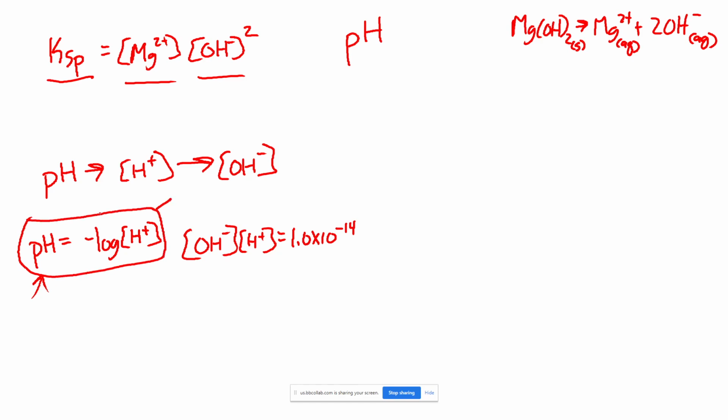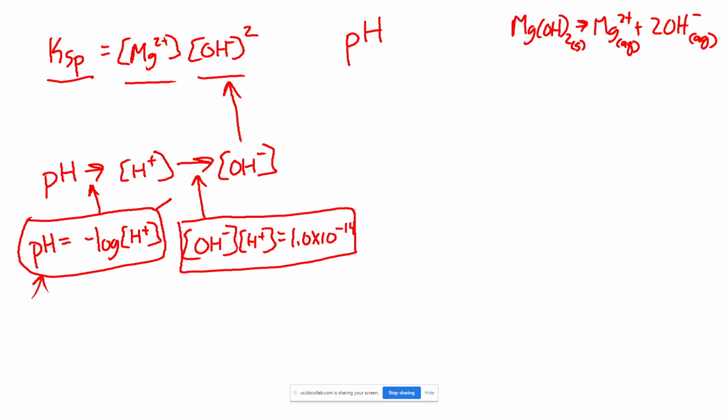So, sorry, that one goes there. So this equation is for this arrow here. This equation is for that arrow. So if we can use this to find OH-, well now we have that part. That's part of our KSP. That's part of what we need. But it doesn't give us magnesium.